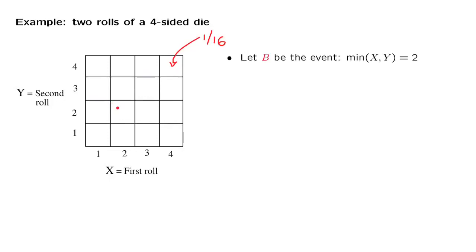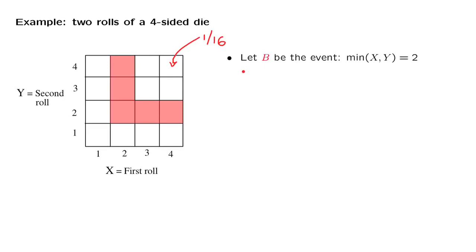So this can happen in multiple ways, and here are the different ways that it can happen. So a 2-2 or a 2-3, a 2-4, then a 3-2 and a 4-2. All these are outcomes in which one of the dice has a value equal to 2 and the other die is at least as large. So we condition on this event.